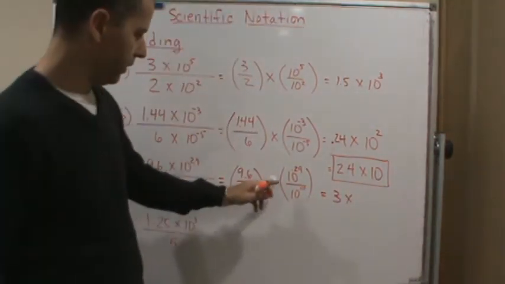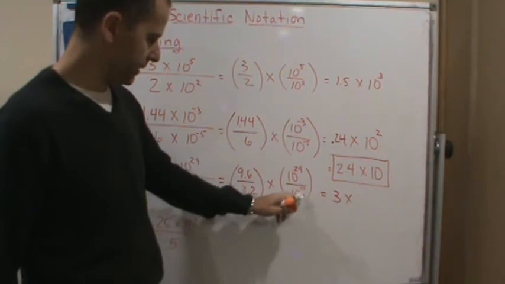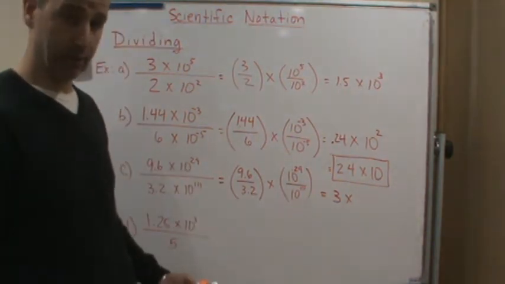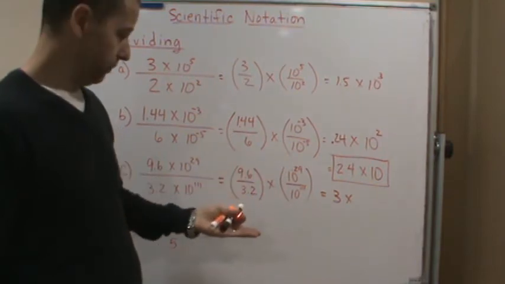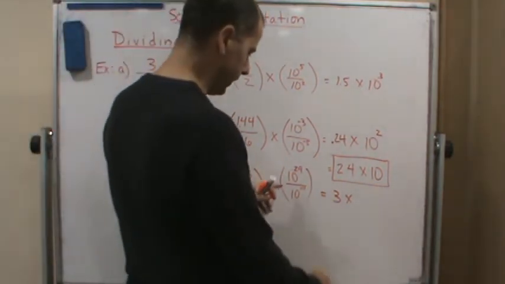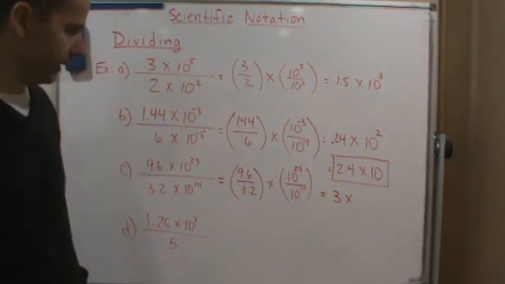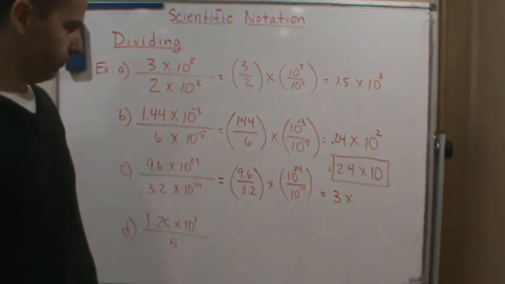Okay, now, 9.6 divided by 3.2 is equal to 3. And so again, 10 to the 29th divided by 10 to the 111th power. We're going to subtract the top minus the bottom. Okay? So we're going to do 29 minus 111. Okay?